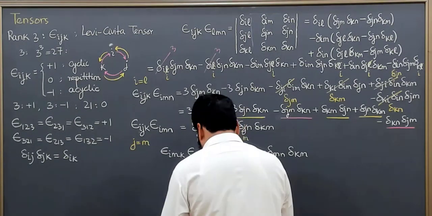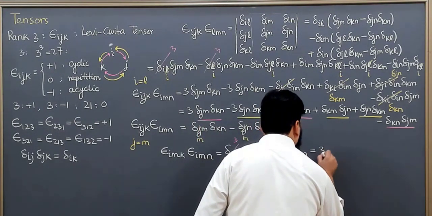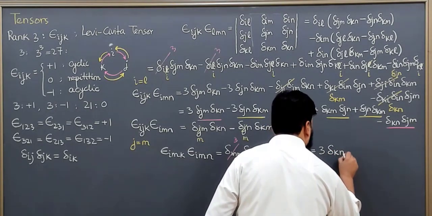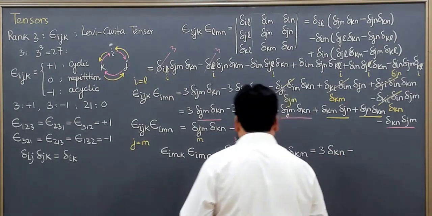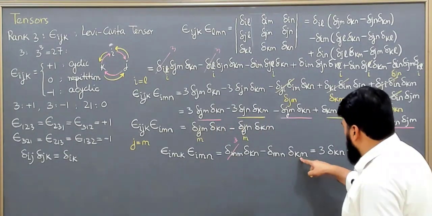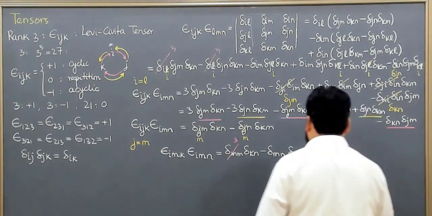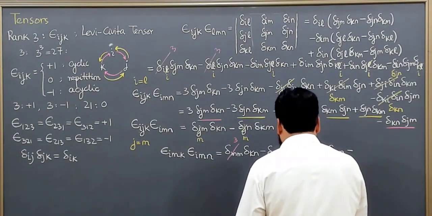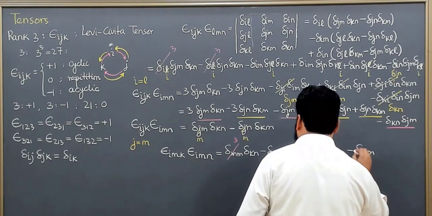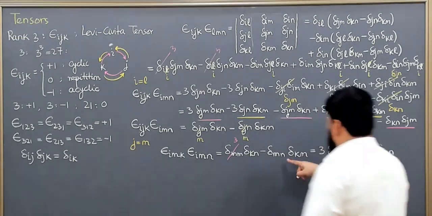So we will have here 3 times delta kn minus, now what about this one? If I write this one first, like delta km and delta mn, it will make no difference because they are just numbers.